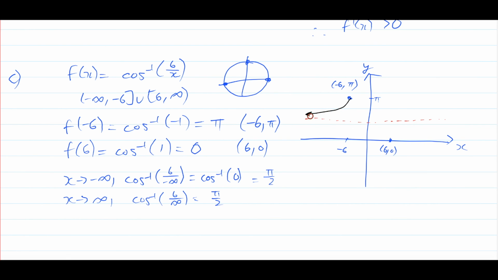So the graph looks like this. And on the right hand side, as x increases, getting close to infinity, the graph approaches pi on 2, which is our asymptote. So this is what the graph looks like, guys, for cos inverse of 6 over x. But that is all of it for the question.